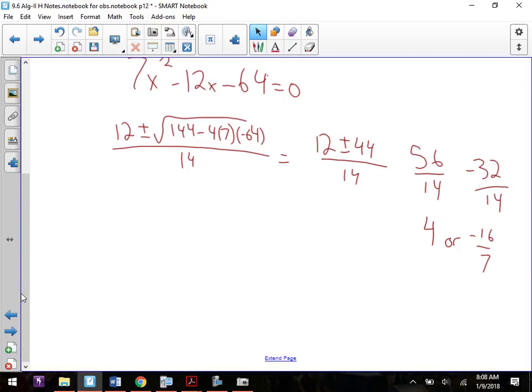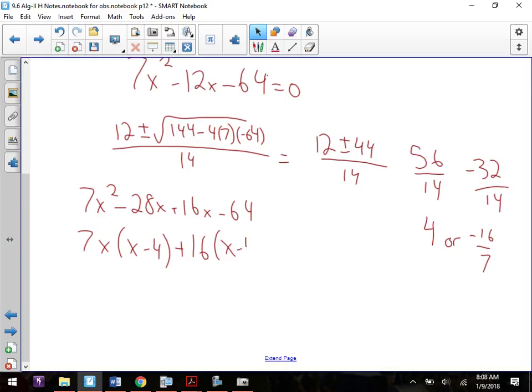Well, if you did 16 and 28, you would write 7x squared minus 28x plus 16x minus 64. Take out the 7x, you have an x minus 4. Take out the 16, you have an x minus 4.